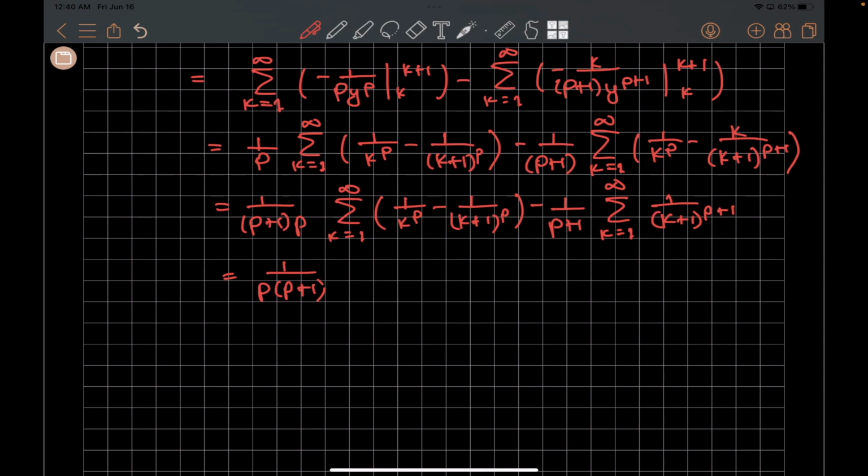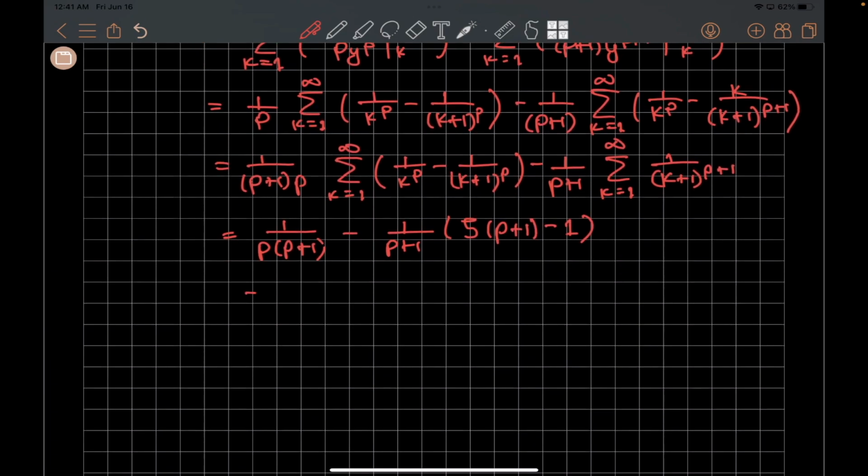We get this term minus 1 over p plus 1, and in this term we see this is Riemann zeta minus 1, because the Riemann zeta starts with the 1, but here we start with a 2 because k plus 1 will be a 2 for k equals 1. So we shall have the Riemann zeta of p plus 1 minus 1, and then that simplifies to, and that's it, and that's all we need.